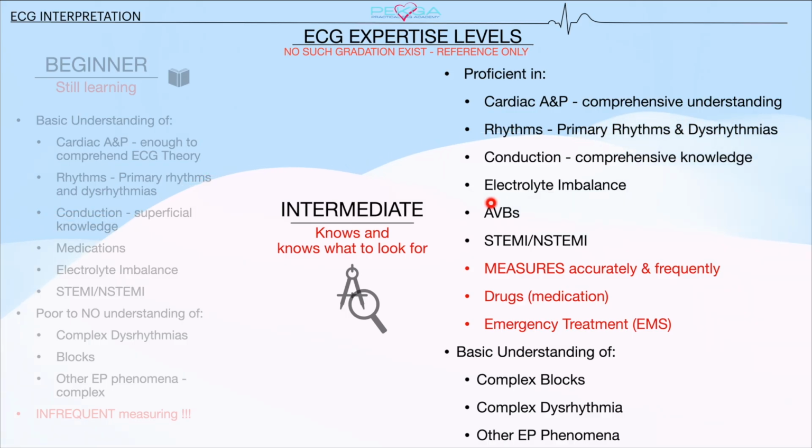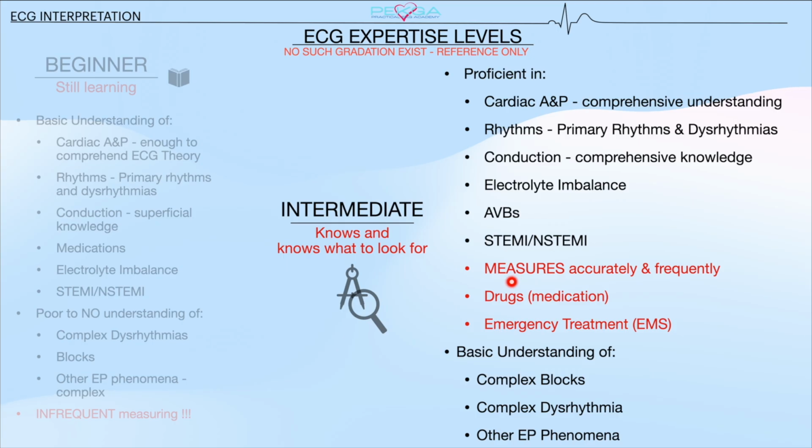Electrolyte imbalances, they will probably be familiar with most of them, maybe not all of them, but most of them. Atrioventricular blocks should be fairly easy for you at this point. STEMI and non-STEMI, you need to know what they are, where to suspect them, and how to localize them. Now, this is also somebody that measures, and they measure accurately and they measure frequently.